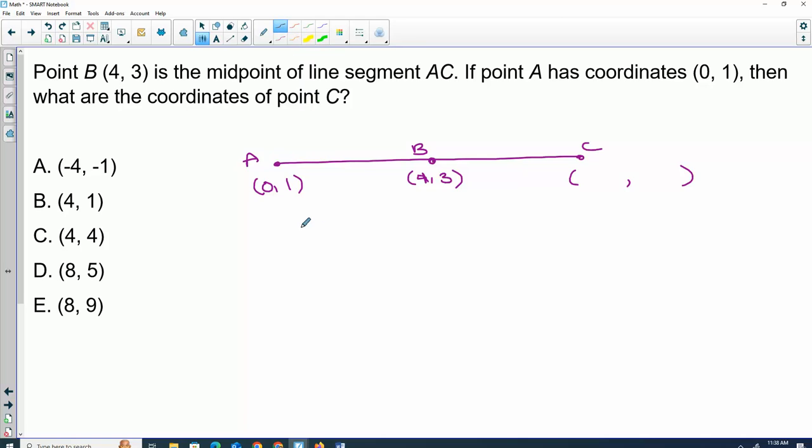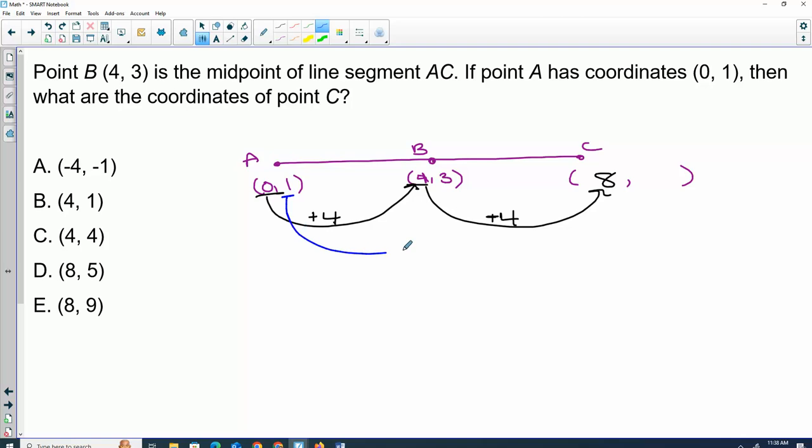Treat x and y separate for a second. How do I get from 0 to 4 for my x values? You add 4. So to get to this other x value, we would have to add 4 again. So this would be at 8. Think about your y's.